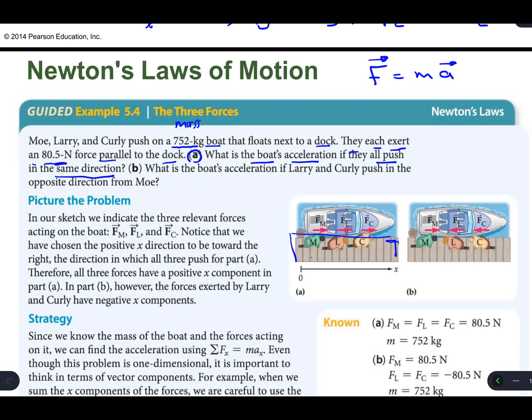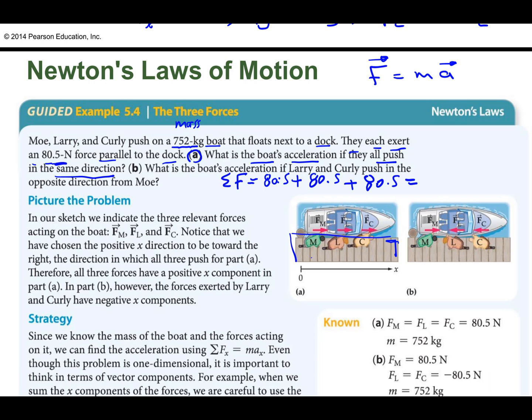This is A. So if all of them push in the same direction, you will get the summation of force, the vector sum, equals 80.5 from the first person plus 80.5 from the second and 80.5 from the third.